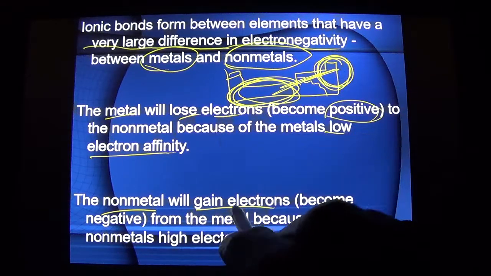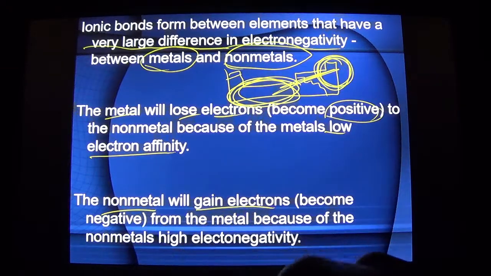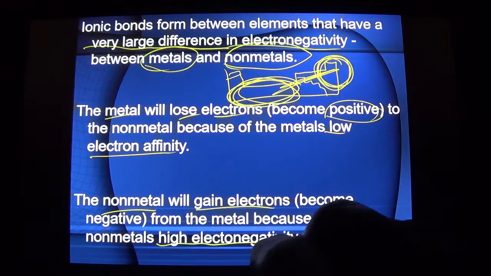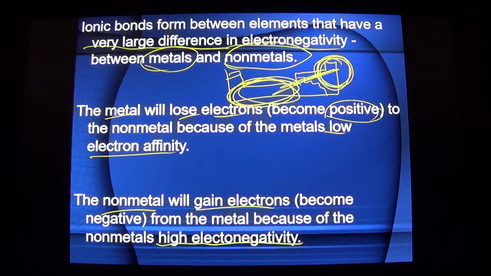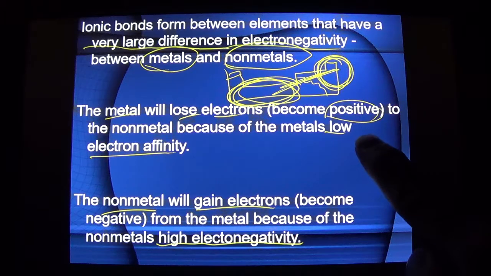So it's going to be the non-metals that gain because they have high electronegativities. And I hope you see one of the key words all throughout this unit is the word electronegativity. It helps us predict so much when it comes to the type of bonding going on. So high electronegativity going on there.